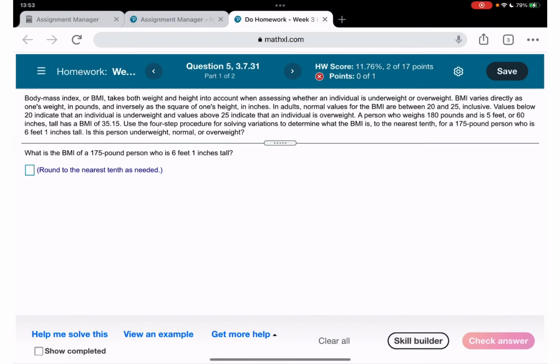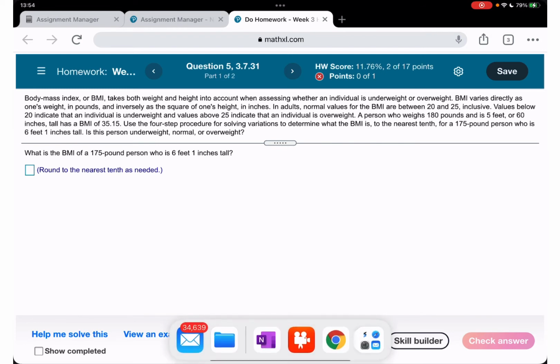So in adults, normal values for BMI are between 20-25. 20-25 BMI is normal, inclusive. Values below 20 indicate underweight, and values above overweight. A person who weighs 180 pounds, okay, let me write down, weight 180 and 5 feet.